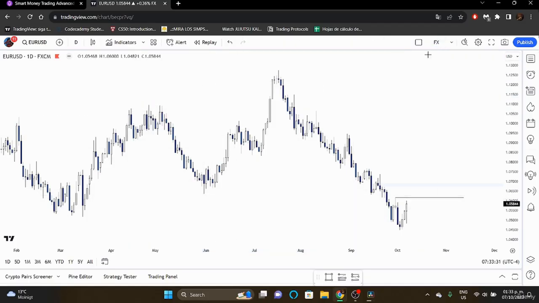Because let's just get this straight up. The marketplace only moves from liquidity to liquidity. Okay, the marketplace does not move from randomness or from buying and selling pressure. Okay, the market does not move that way. The market moves because of the liquidity.